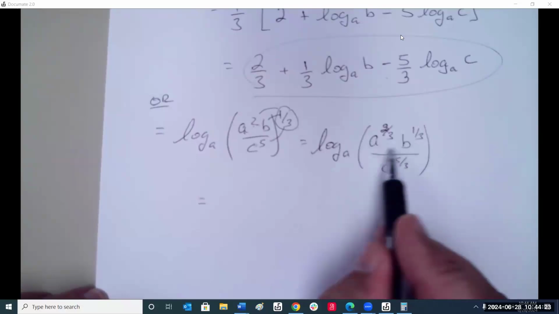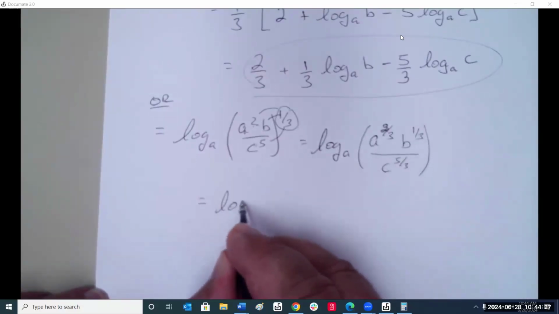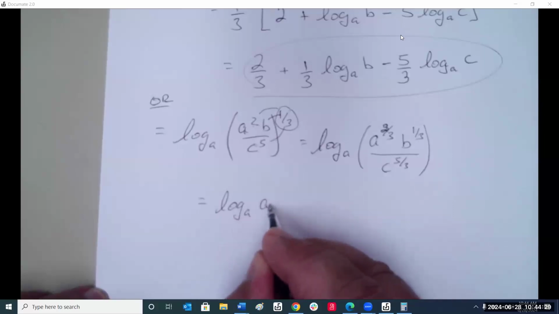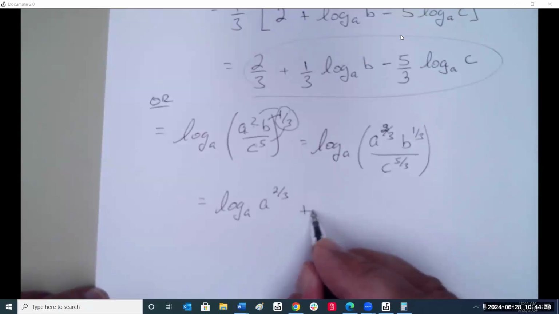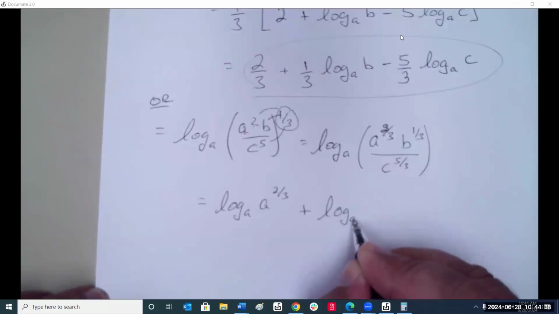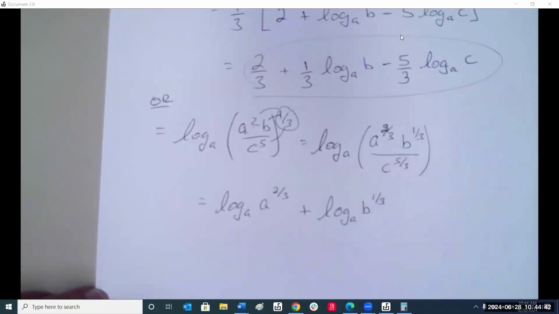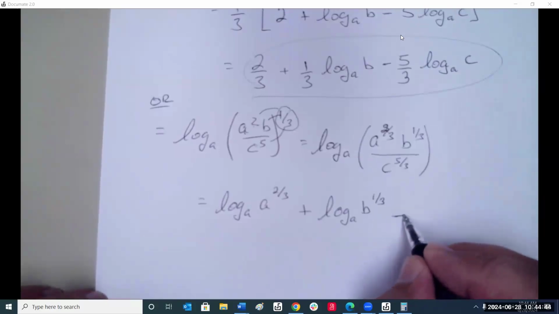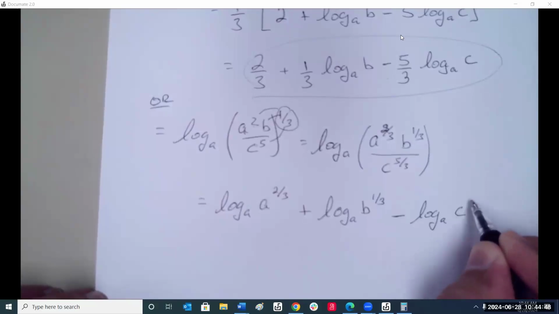Now we could distribute or expand this one. Log base A of A to the power 2/3. Since B is on top, plus log base A of B to the power 1/3. C is on the bottom, so it's a minus. Log base A of C to the power 5/3.